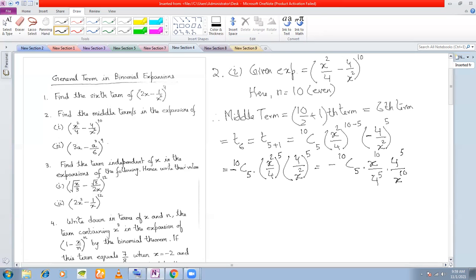If you see, x to the power of 10 cancels here, 4 to the power of 5 cancels here, so you're simply getting minus 10C5. And minus 10C5, you can find the value to be minus 252. Any question?